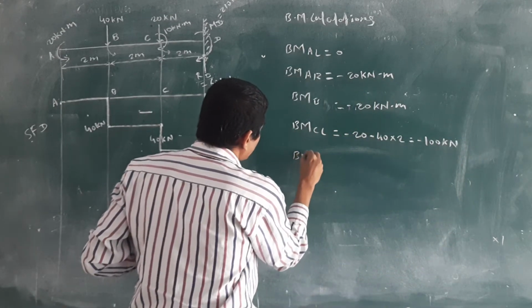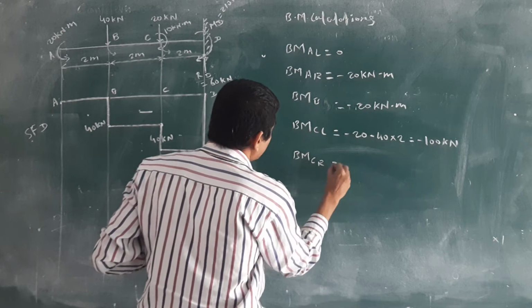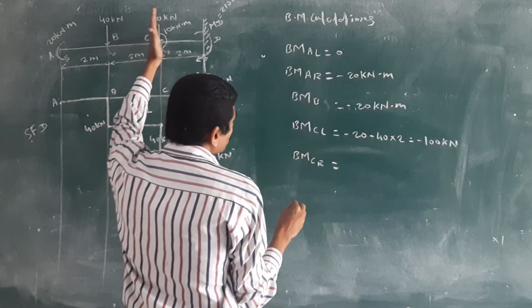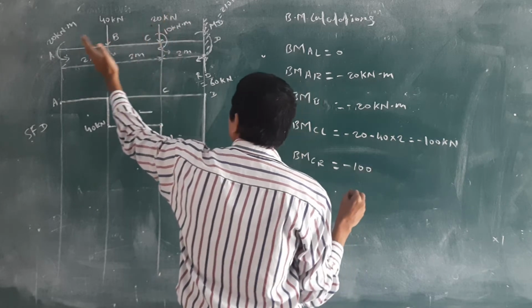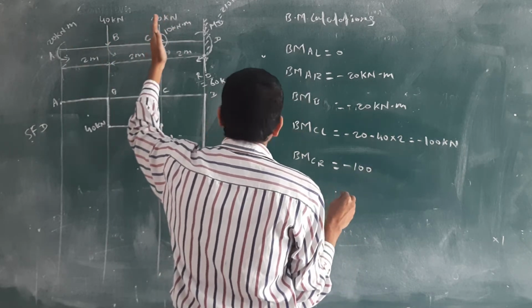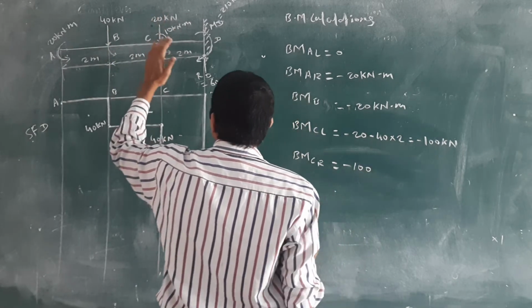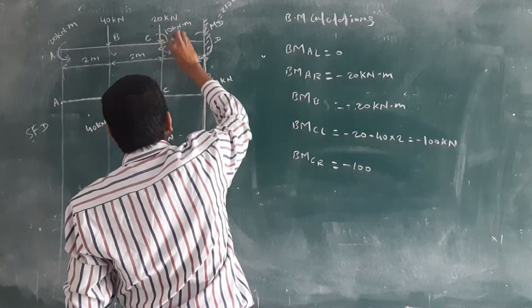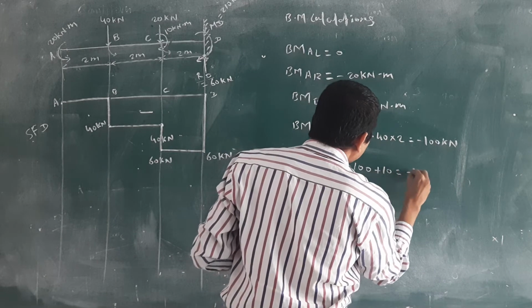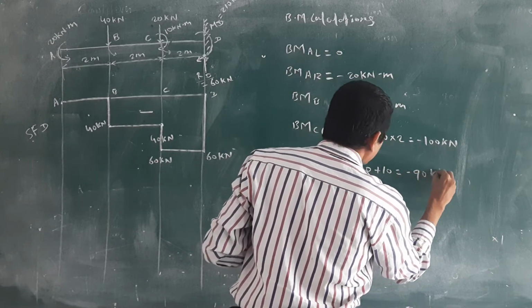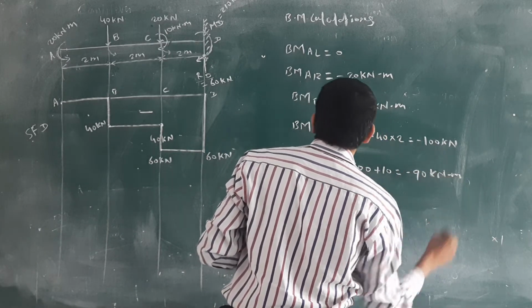Then bending moment at C, just right side. Okay, we have calculated up to the just left side, minus 100. You will get the same distance again. That's why take this value minus 100 and consider the moment at clockwise direction, plus 10. Then you will get minus 90 kilonewton meter.